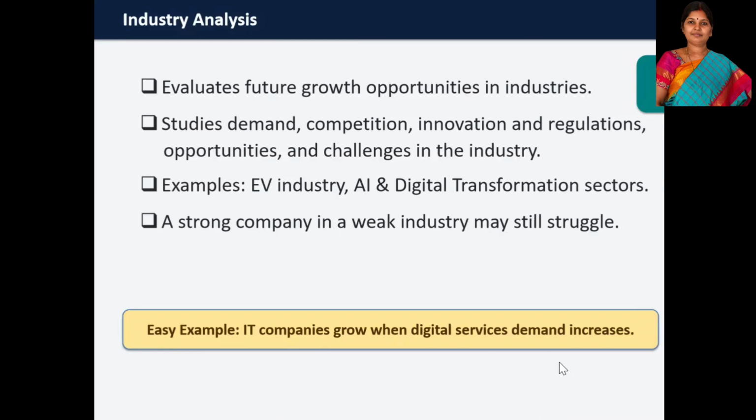So IT companies grow when digital services demand increases. So this industry analysis is more helpful for us. If you are selecting a company that is strong, but it is in a weak industry, you have to think before making investment in that particular company.